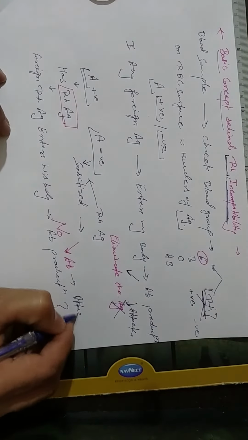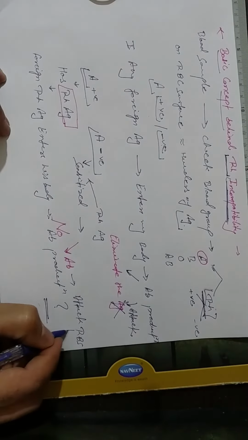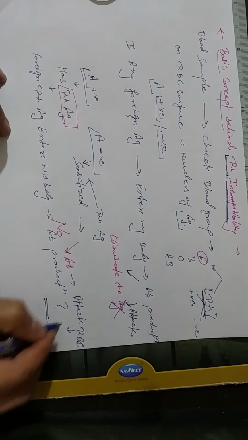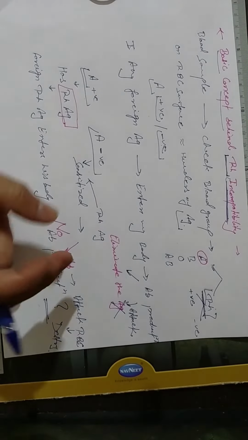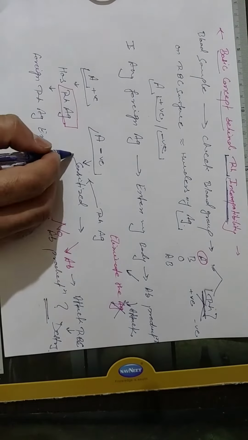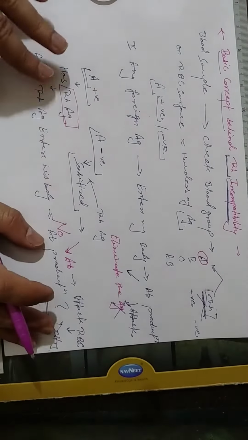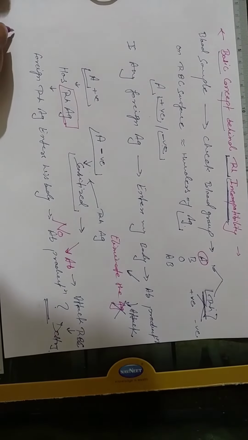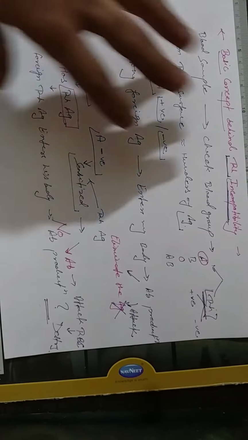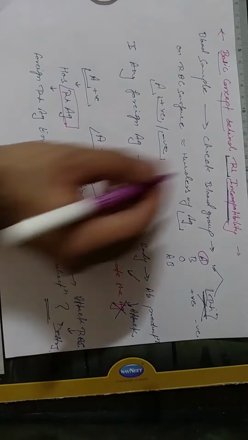So they will attack the RBCs and destroy them. This was if there is mixing of non-matching bloods. So this is the basic concept behind Rh incompatibility.